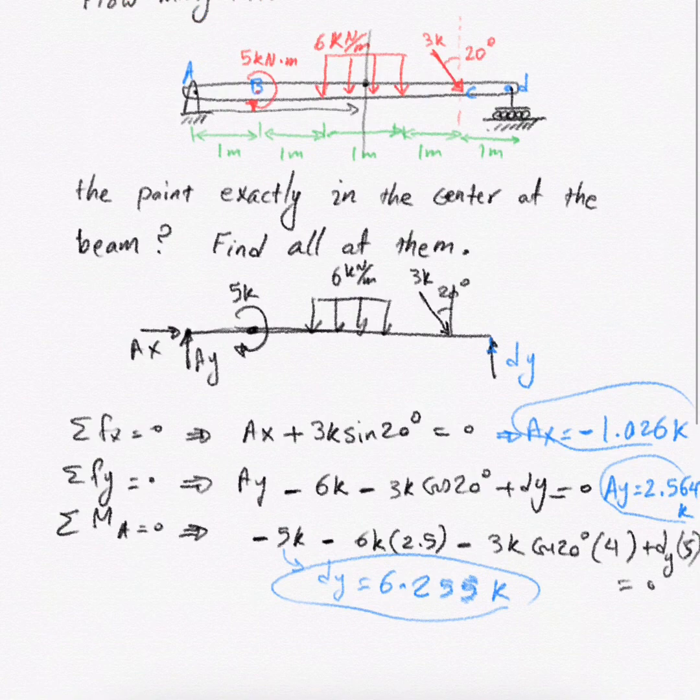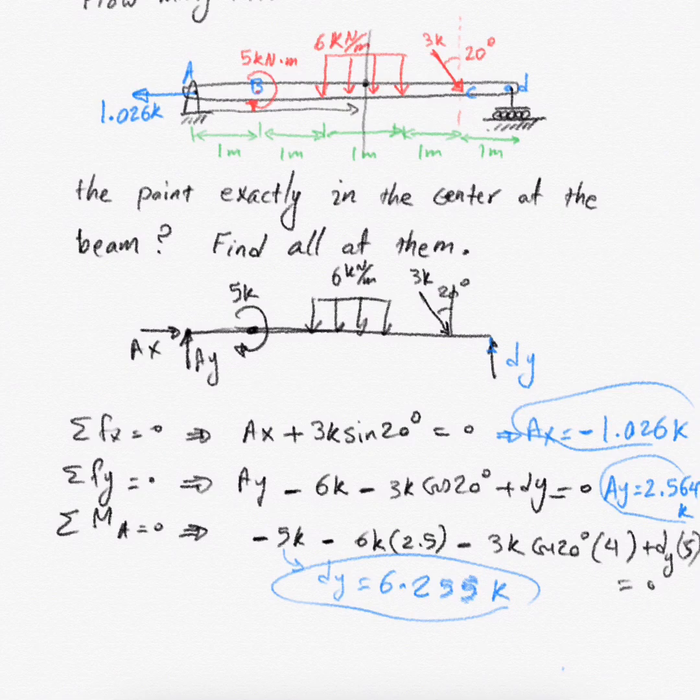So let's go ahead and put it right here on the original figure. There's going to be Ax, which obviously goes this way and is equal to 1.026K.